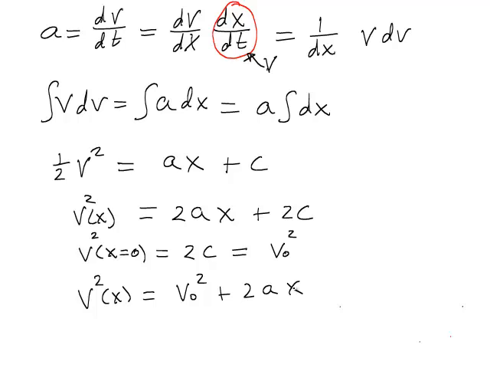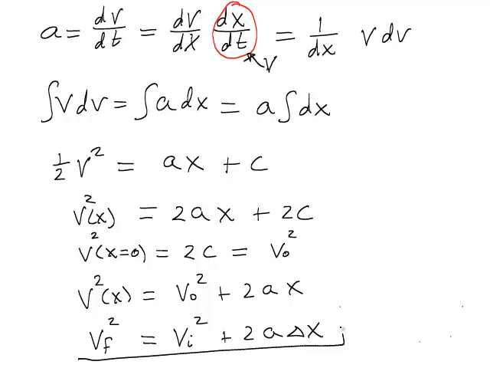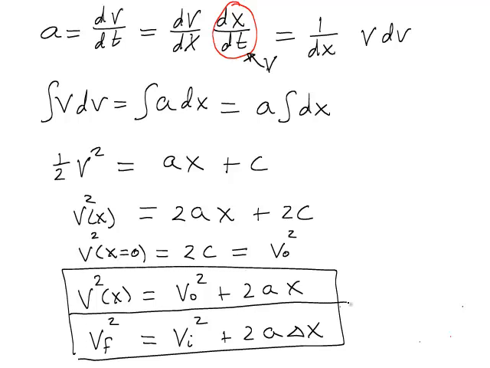Now many books write this again in a different form, and we'll say, well, this is the final velocity squared, this is the initial velocity squared, plus 2 times the acceleration times the change in the position. This is another one of our kinematic equations.